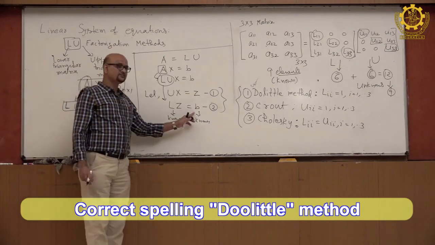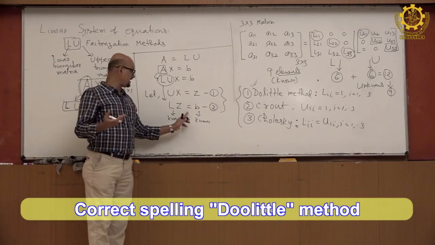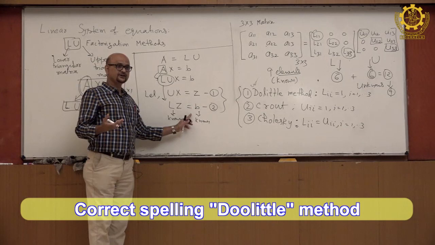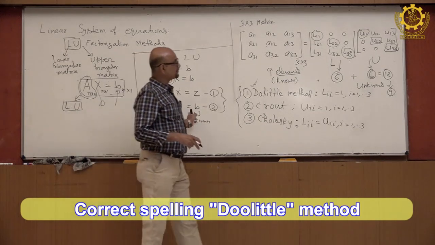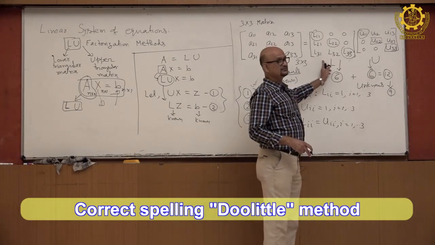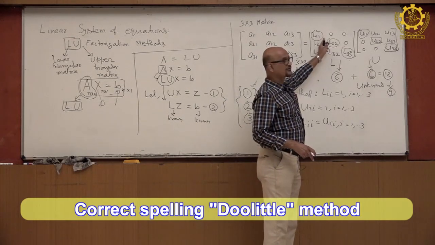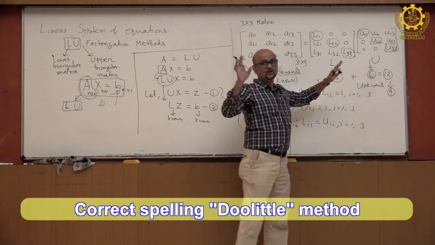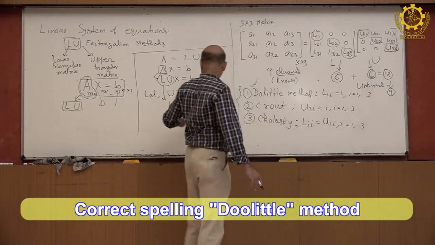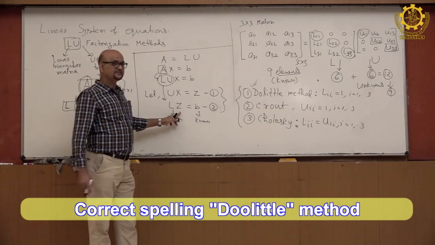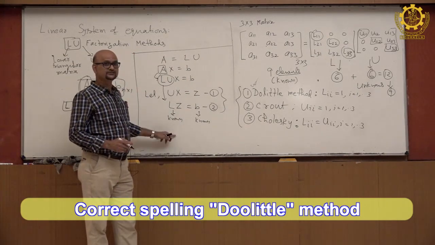So Lz is equal to B, Z vector you can find, and that too because I have lower triangular matrix. So by directly forward substitution, you don't have to do all Gauss elimination. Just forward substitution you will get Z. So if it is 3 by 3, you will have Z1, Z2, Z3.